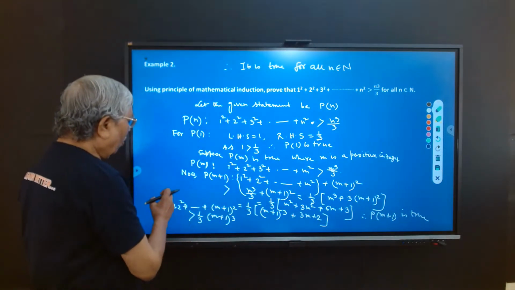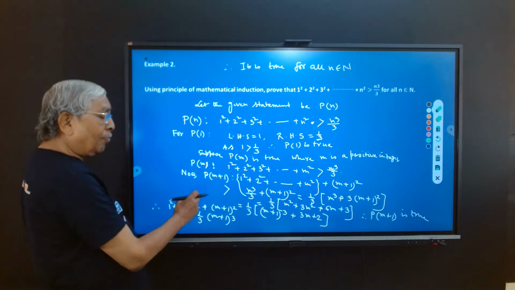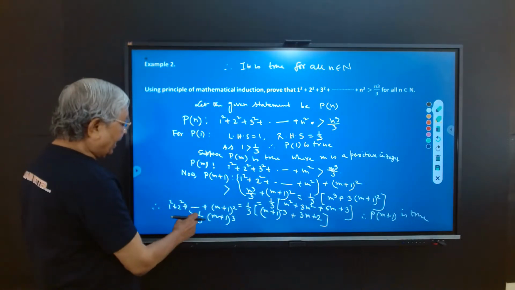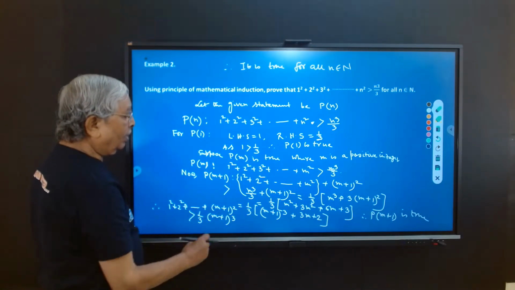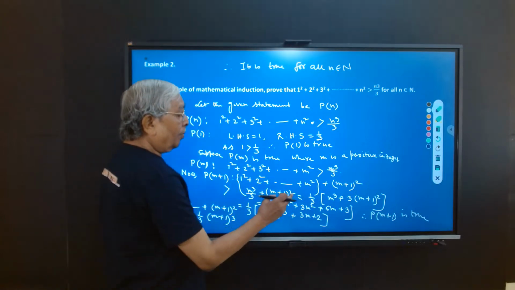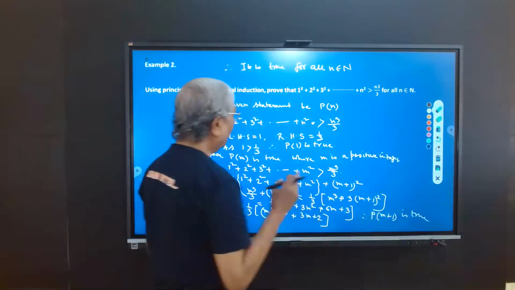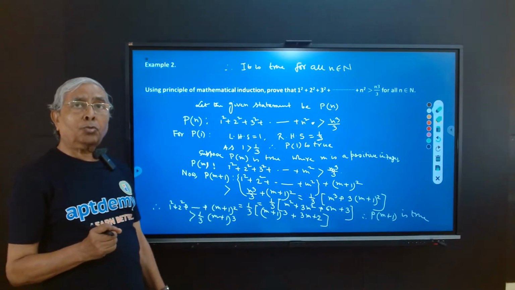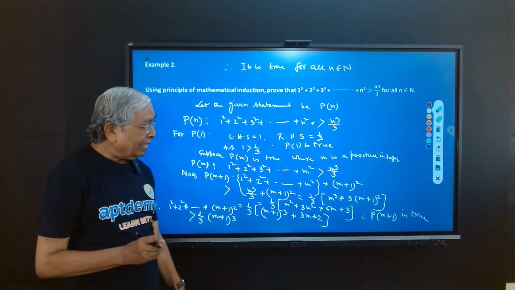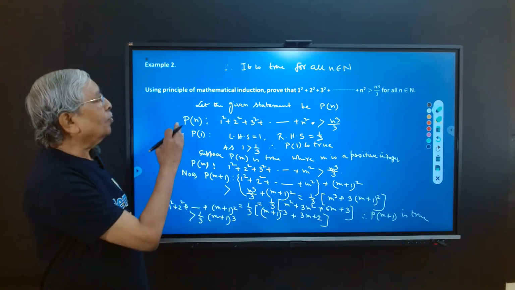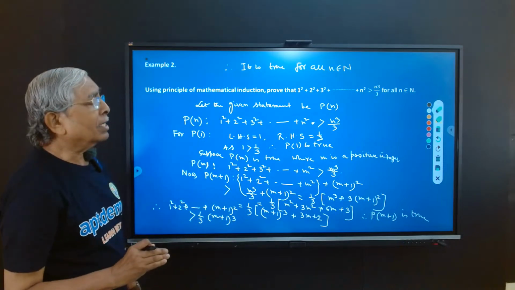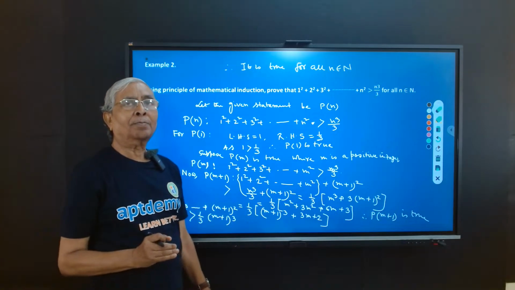Therefore, 1 square plus 2 square up to m plus 1 whole square is greater than 1 by 3 into m plus 1 whole cube. Therefore, Pm plus 1 is true. So supposing that Pm is true, we have shown that Pm plus 1 is true. Therefore, it is true for all natural numbers n.